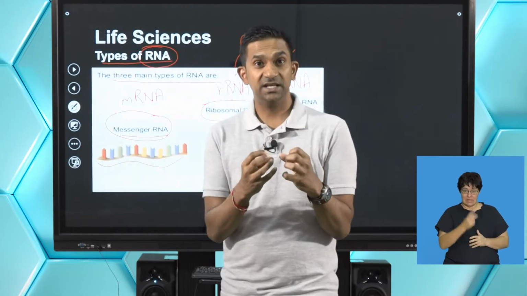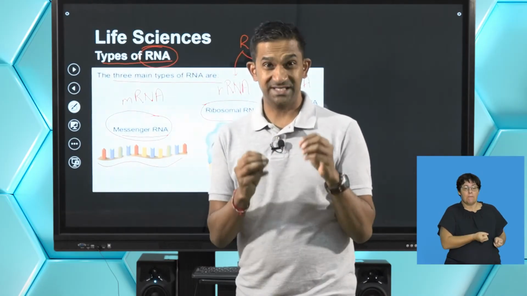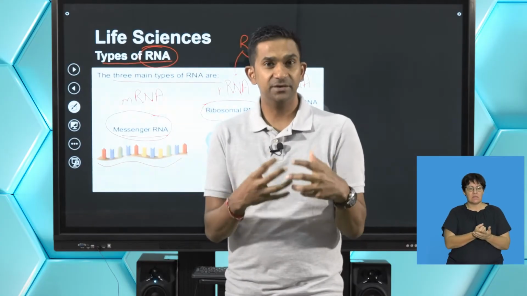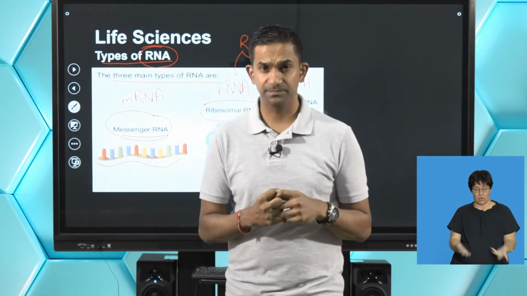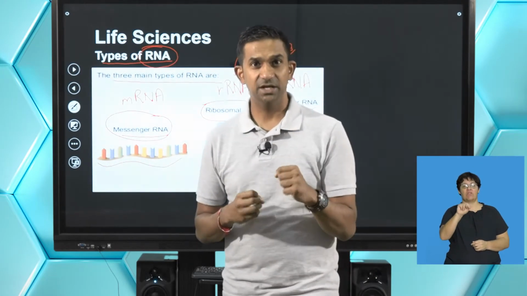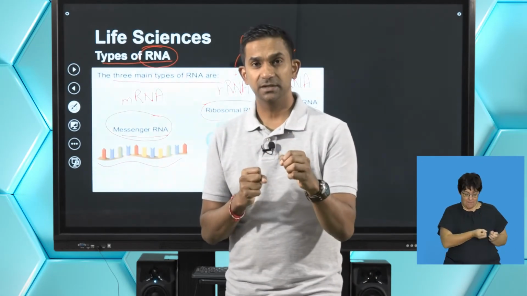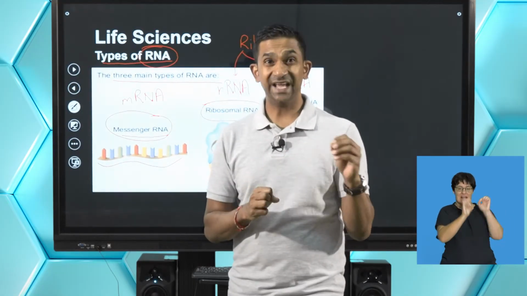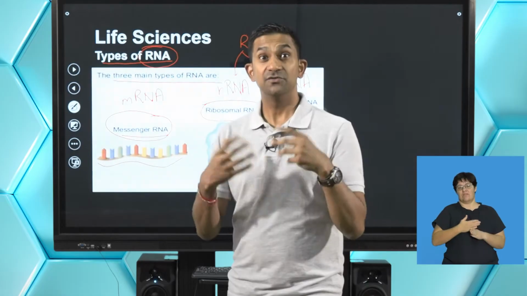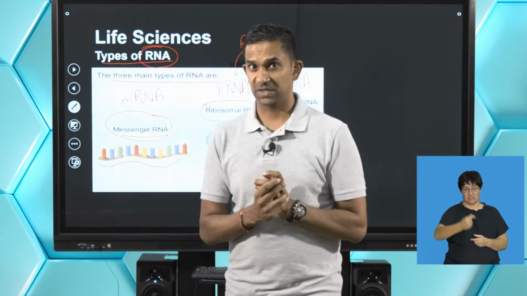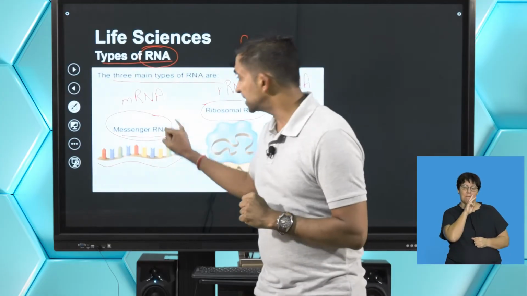In order for the DNA to be able to send out specific instructions, it has to find a method or means of being able to do that. And so it will use the messenger RNA to send out messages to specific parts of the cell to carry out a specific function or to initiate the expression of a gene. So we refer to that as messenger RNA.